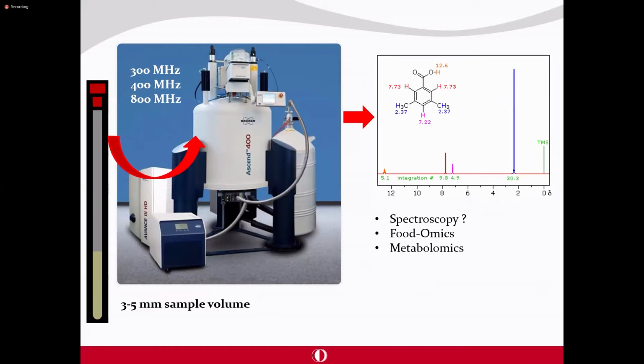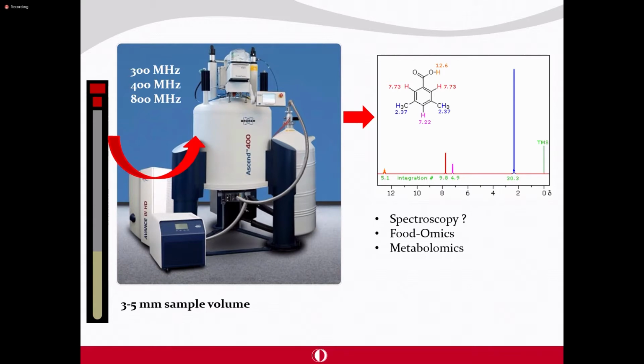Here you see some NMR instruments, which are what we call high field systems. The systems in the figure operate at a frequency of 300 megahertz, 400 megahertz, or 800 megahertz, and there are now instruments that operate at even higher frequencies. Such an NMR system is a very bulky instrument.